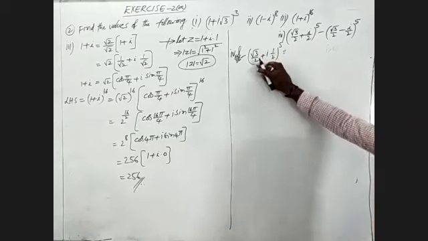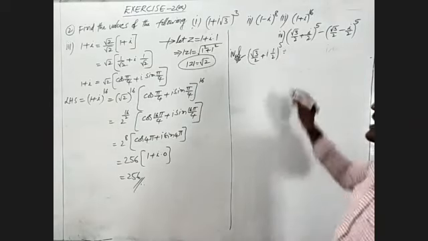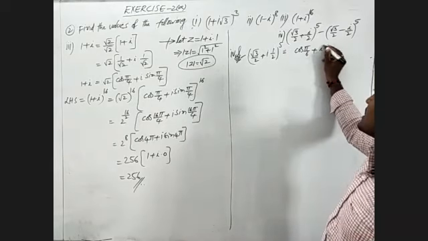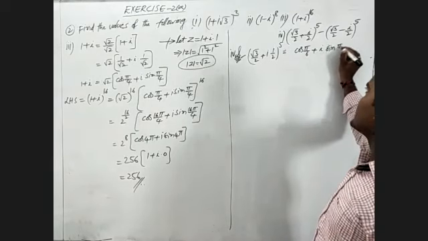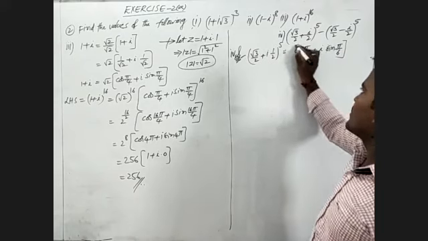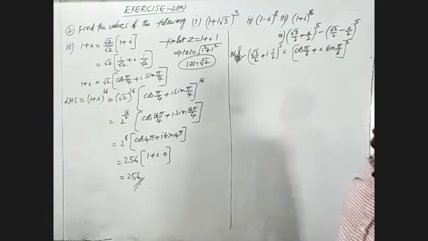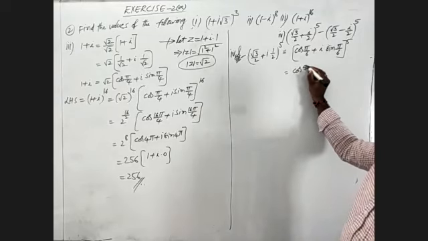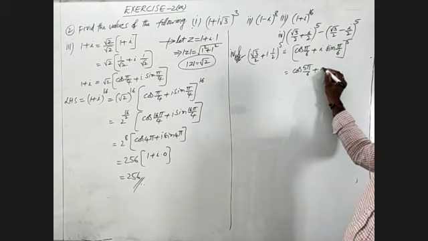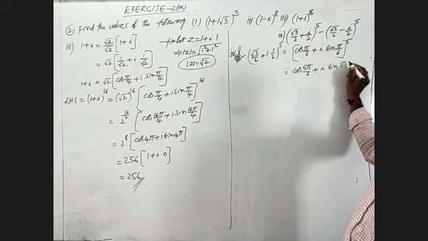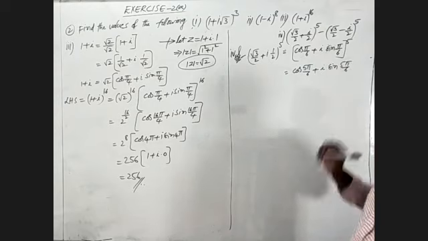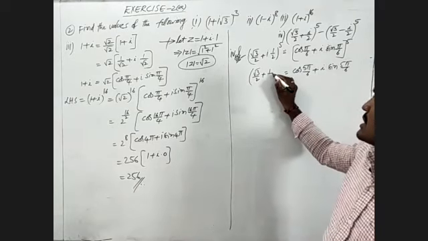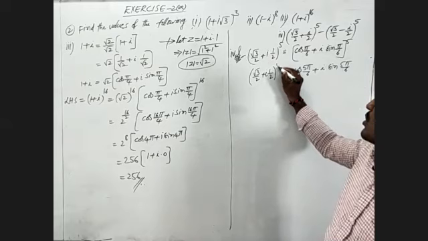Here root 3 by 2 is cos 30 degrees, so I will write cos pi by 6 plus i sin pi by 6 whole power 5. How to expand this one? Cos pi by 6 plus i into sin pi by 6. This is the value of root 3 by 2 plus i into 1 by 2 whole power 5.